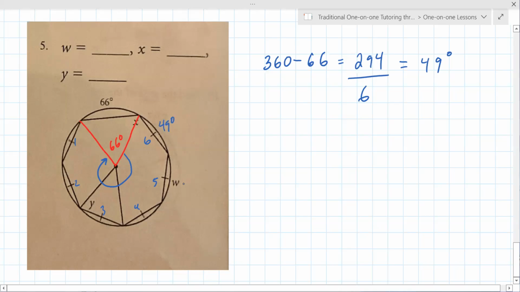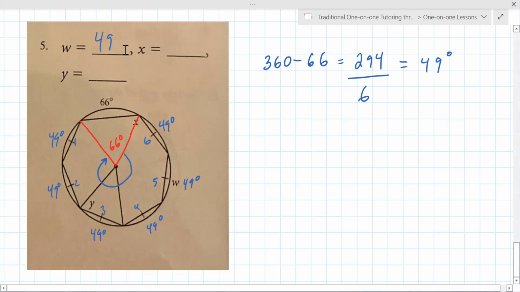Each of these arcs is 49 degrees. So that helps to answer, well, W is 49. That's all we can say for right now.